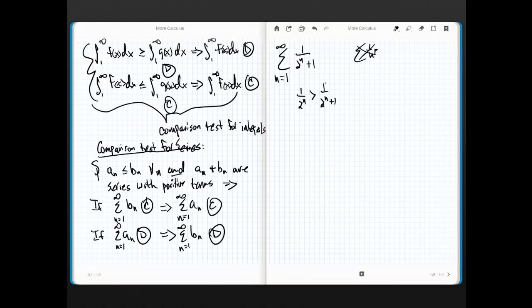Therefore, the value of the fraction is always less. Now, doesn't this imply that the sum, as n goes from 1 to infinity, of 1 over 2 to the n is always going to be greater than the sum, as n goes from 1 to infinity, of 1 over 2 to the n plus 1? Isn't that correct?